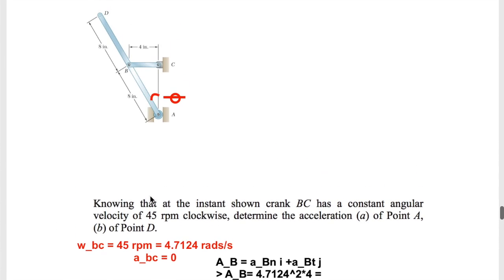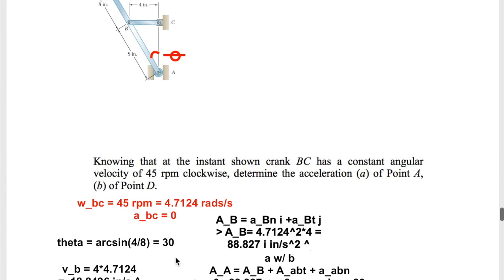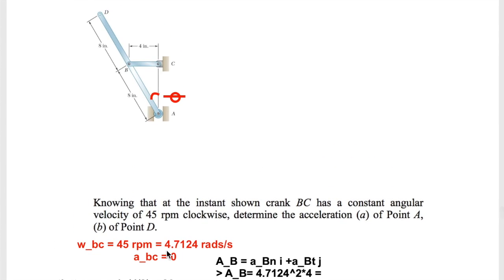With that, we convert the angular velocity of BC, 45 RPM, to radians per second, which is 4.7124 radians per second. Since it says constant angular velocity, the angular acceleration is 0. We can find theta pretty easily with the sine rule: it equals 30 degrees.